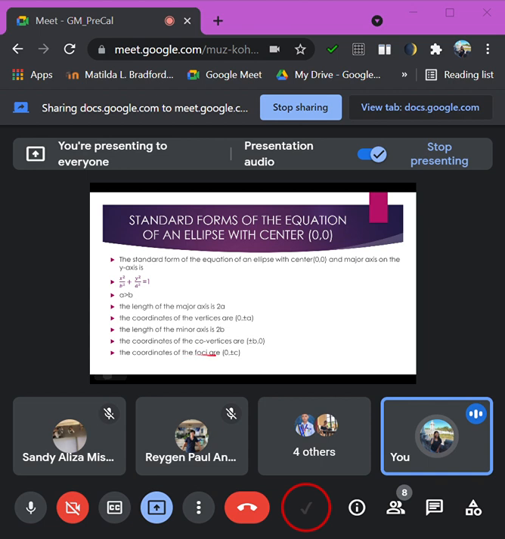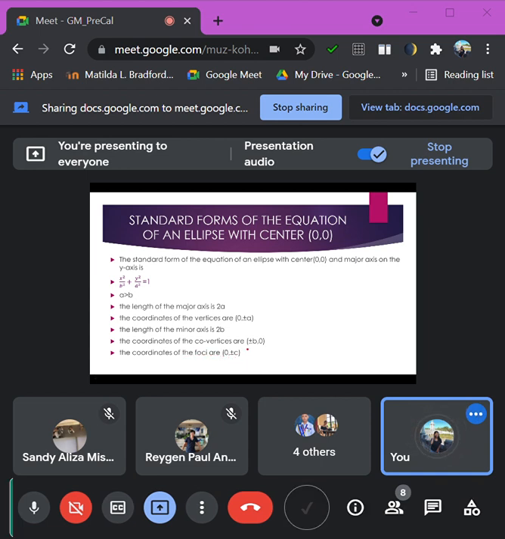And then ang coordinates na to sa foci kay 0 and positive negative c. As you can see, ang atong vertex o ang atong foci is naa sa y. Because ang major axis man nato class naa man siya sa y. Okay, so that's why ang iyahang mga vertices ug iyahang foci is in terms of y pod.